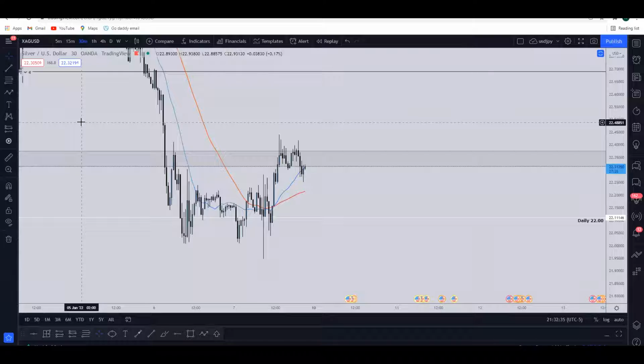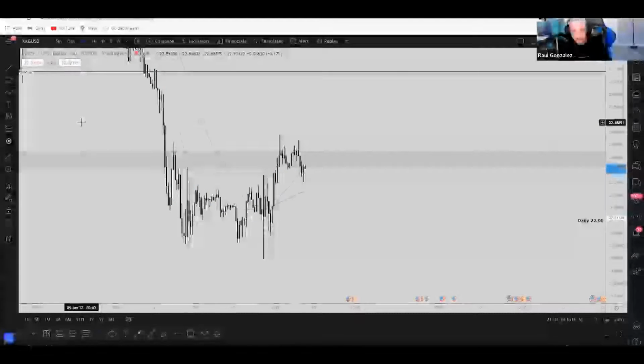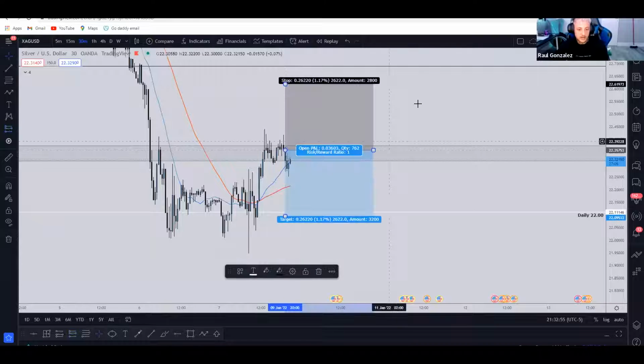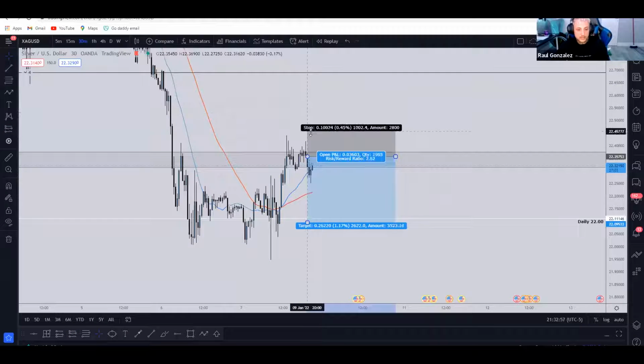Are we really waiting for it to hit that SL? Because if you close your position too early, you're going to be paper cutting your account. I'm not speaking on behalf of everybody, but a big mistake I made early on when I first started trading was, let's say I'd identify this is where I'm going to sell silver.